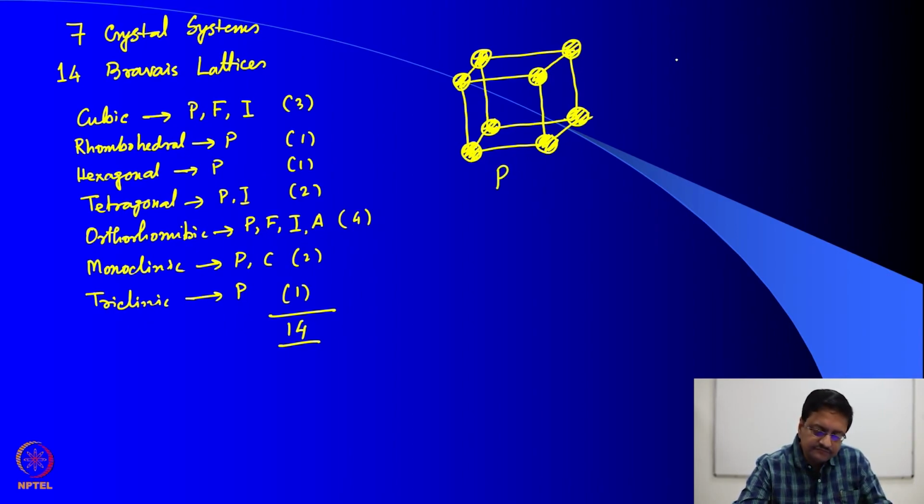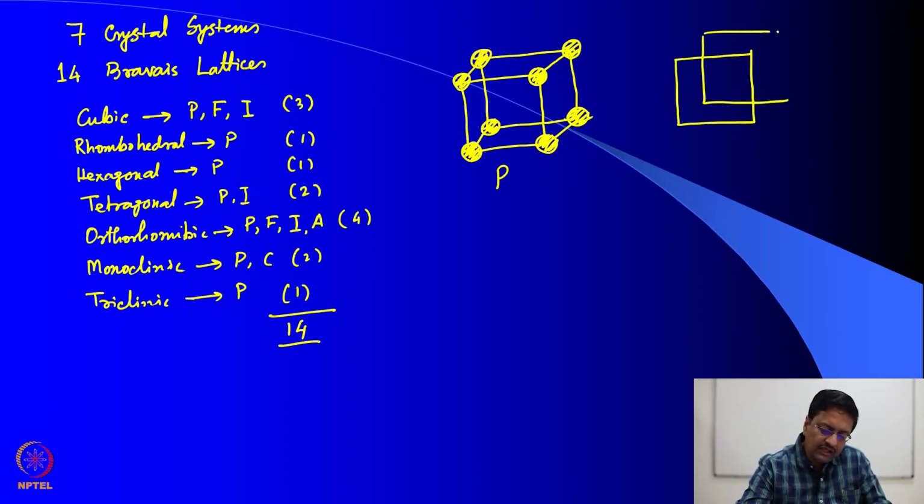When you have a cubic system with atoms at 8 corners and 6 faces, that is called a face-centered lattice, which I am trying to draw now.